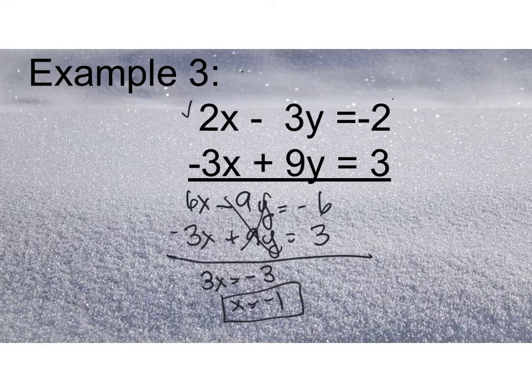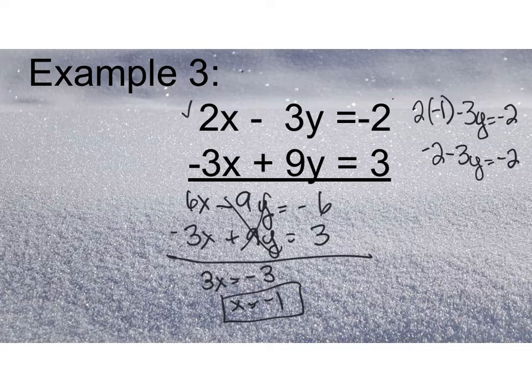So I'm going to have 2 times negative 1 minus 3y equals negative 2. Now we are going to have negatives in front of all of our terms here. So now we're going to have negative 2 minus 3y equals negative 2.